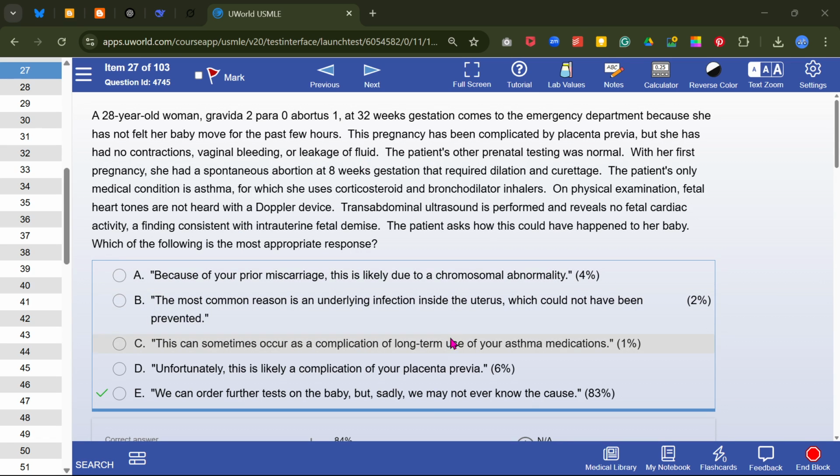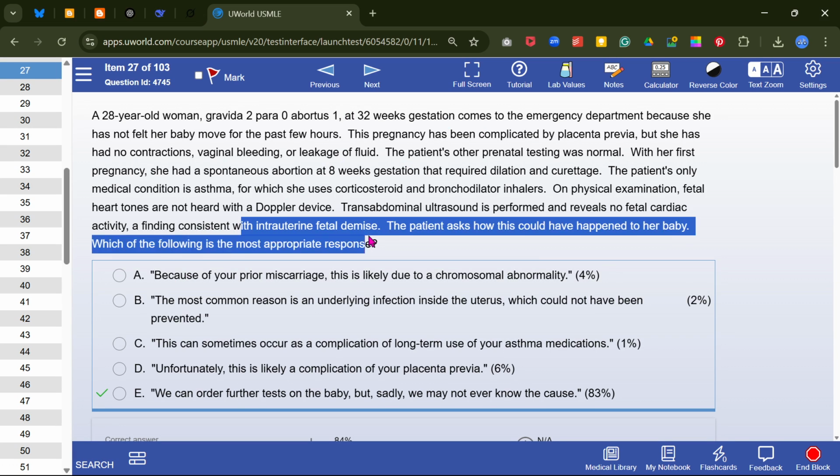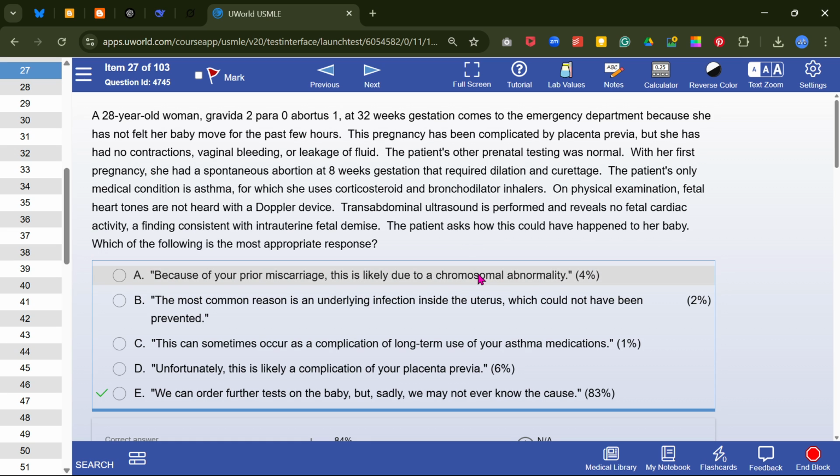Okay, if we look at this stem, the baby has died at 32 weeks of gestation. There is intrauterine fetal demise. So what should our response be?